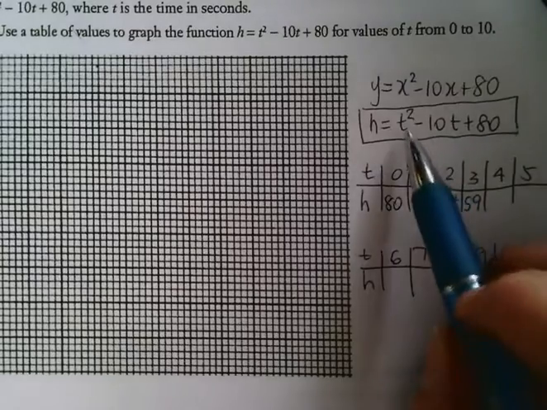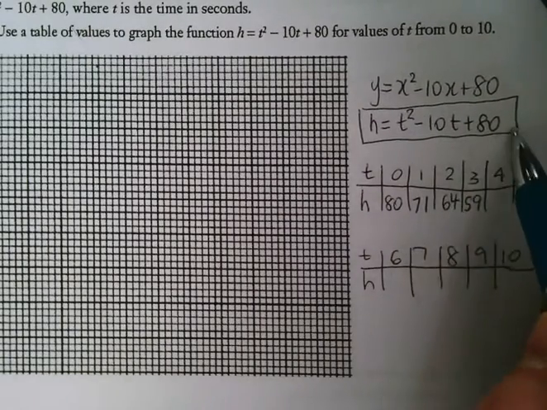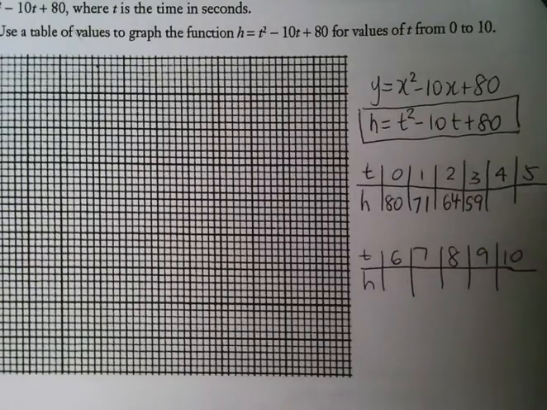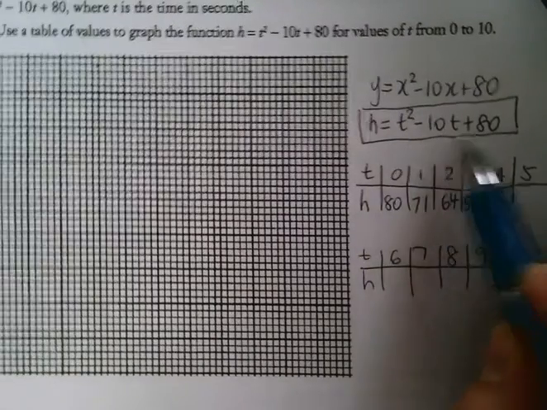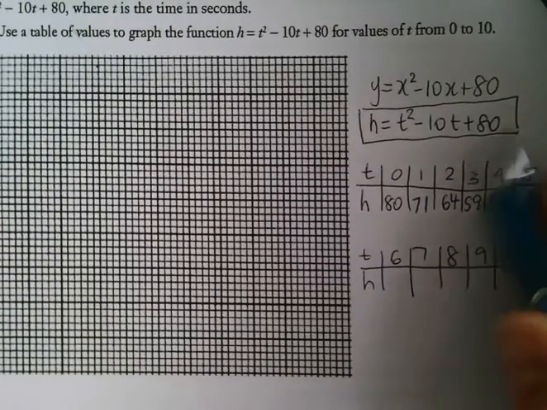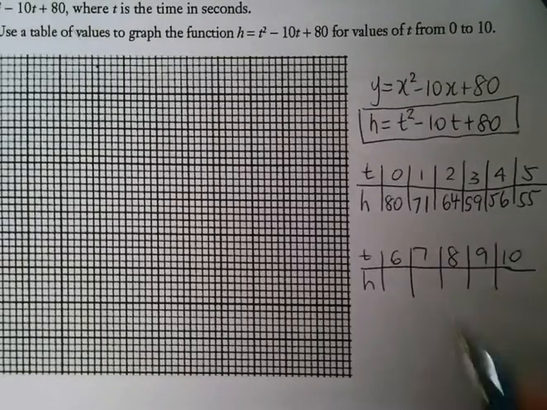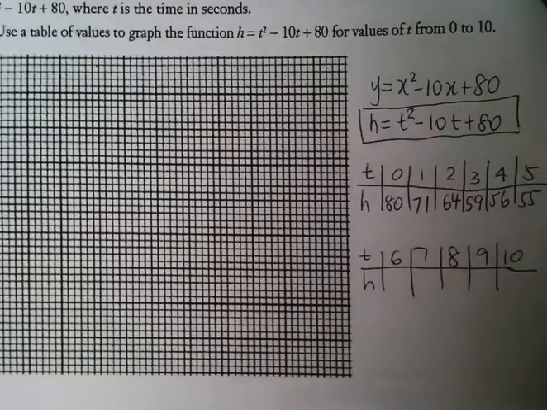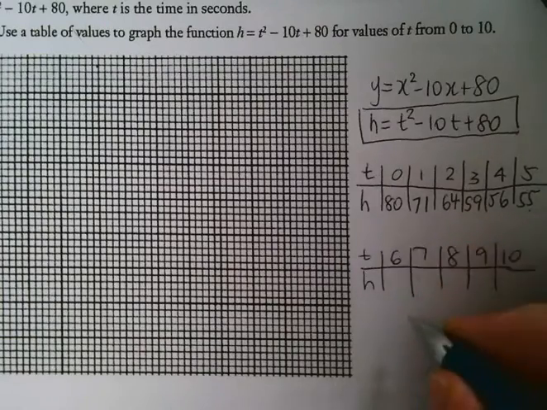When t is 4, we get 4 squared is 16, minus 40, plus 80, 56. When t is 5, we get 5 squared, 25 minus 50 plus 80, 55.